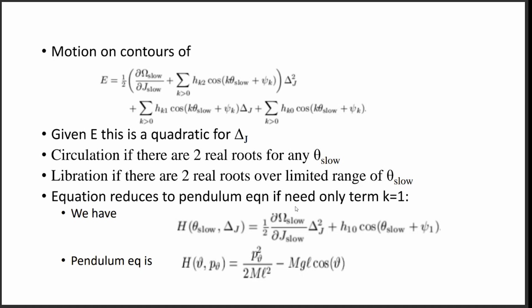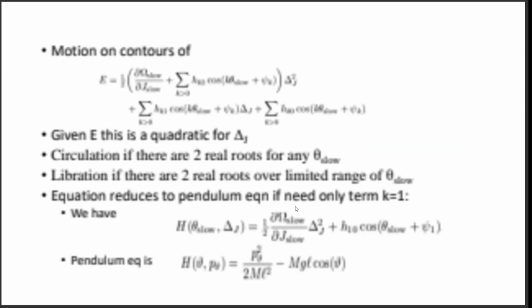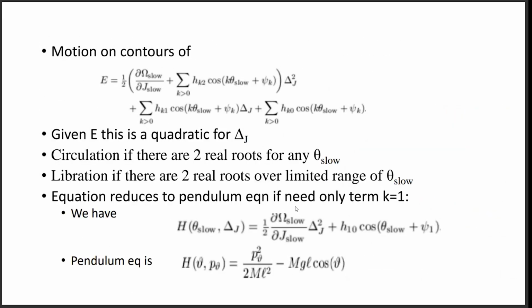And these equations reduce to the equation of a pendulum, the exact equations of motion of a pendulum, if the only term we need in this series is k equals 1. So if out of these sums you just take the k equals 1 term, in these sums, you end up with the slow Hamiltonian looking like this.